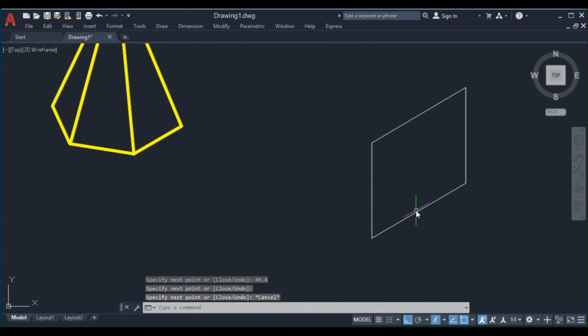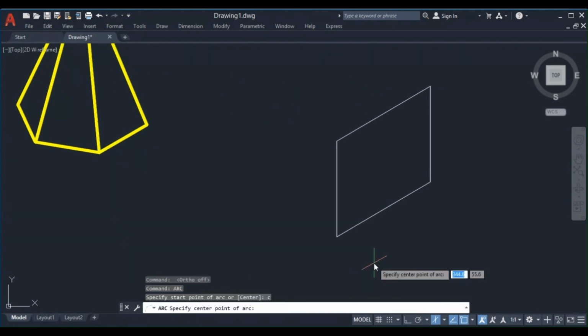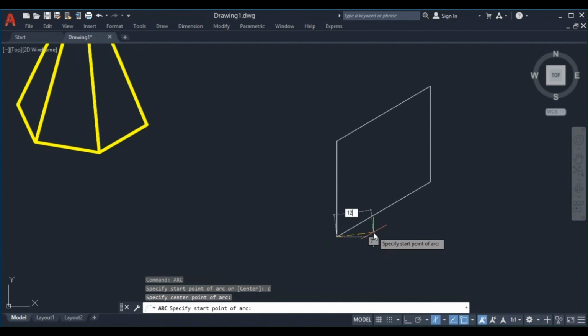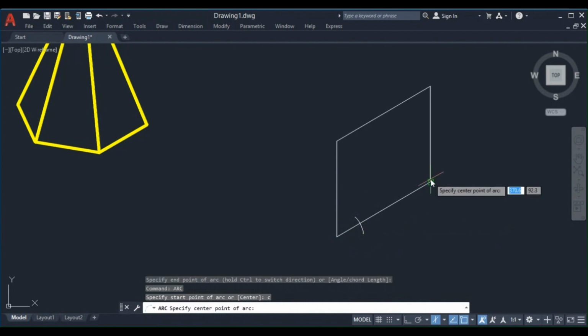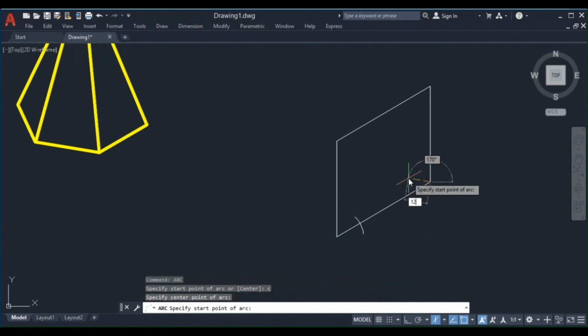And 12.3, 12.3. This side it is 12.3, and this side also it is 12.3.